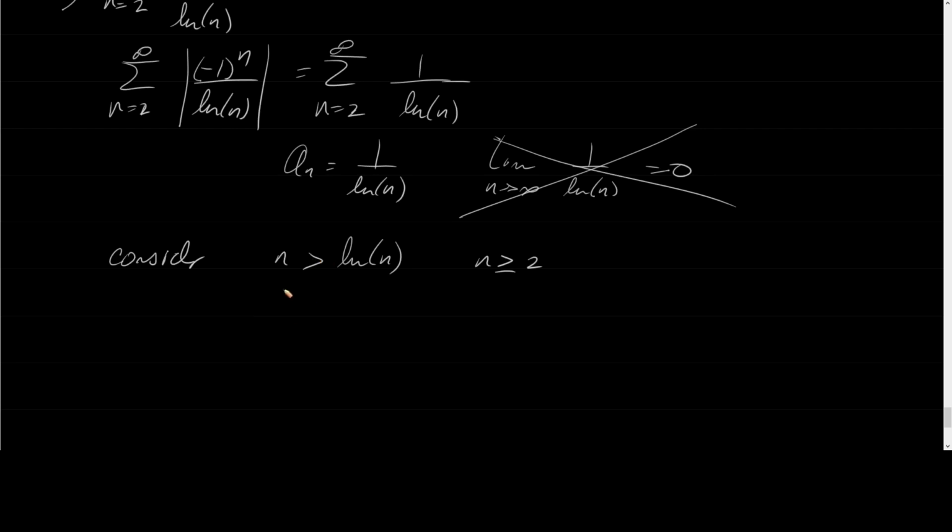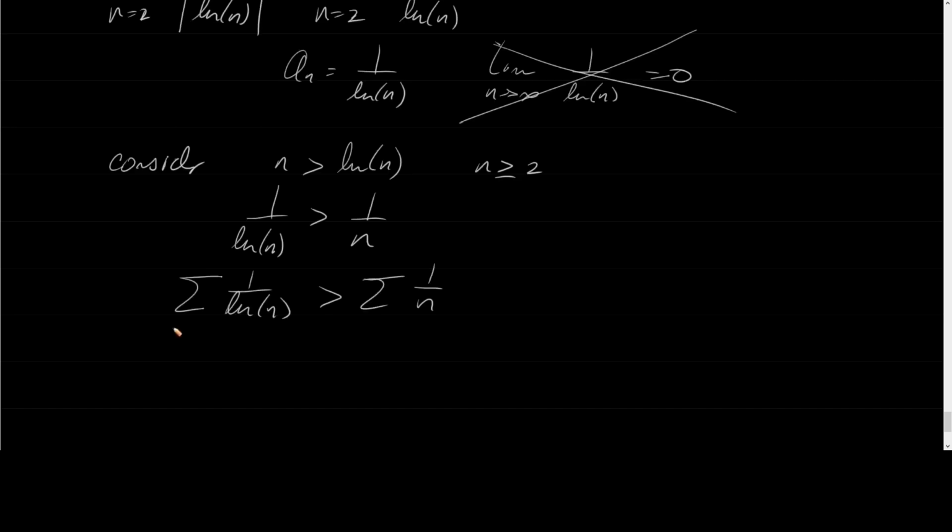So from there, if I do the cross division, I end up with 1 over ln of n is greater than 1 over n, which is great because now I have this comparison of these two series, right? And again, we're going from 2 to infinity.